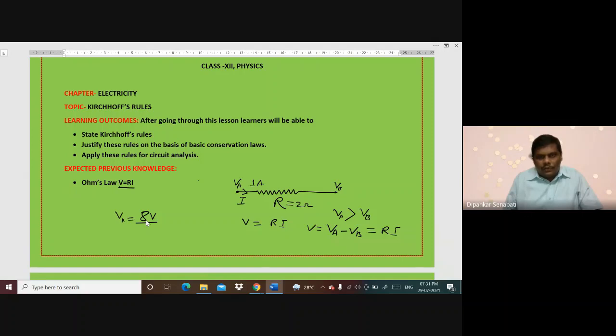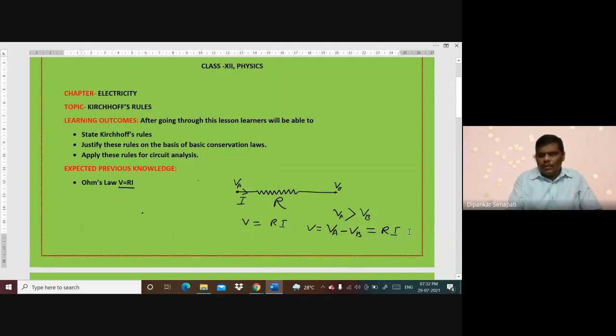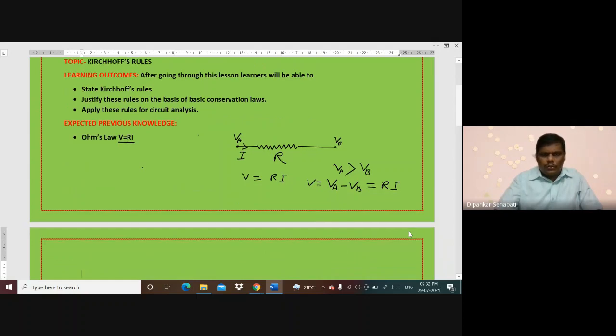There will be a fall in potential by R into I, that is 2 volt. So the potential VB will be equal to 8 minus 2, that is 6 volt. This type of calculation we can do very easily with the help of Ohm's law.